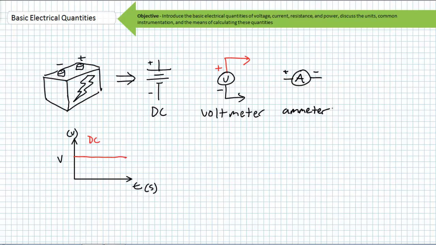The symbol I'm going to use for an ammeter, by the way, the device used to measure current through something, is an A with a circle in it. An ammeter has an in door, symbolized by the plus, and an out door, symbolized by the minus. The ammeter itself is a single point measurement, and current must flow through it.